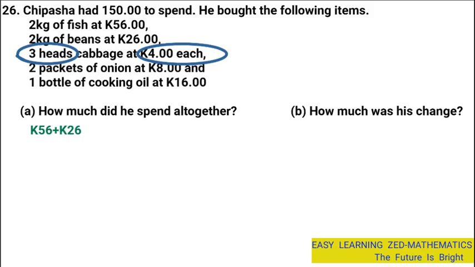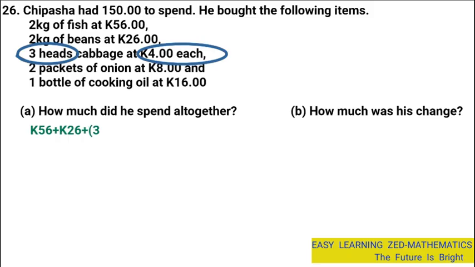If he bought 3, then he paid the price of 1 head of cabbage multiplied by 3, because he got 3 heads of what? Cabbage. So when you're writing this transaction in the statement, you need to be careful that you multiply 4 kwacha by the number of heads he bought. So you can say plus 3, the number of heads, times the price, which is 4 kwacha.